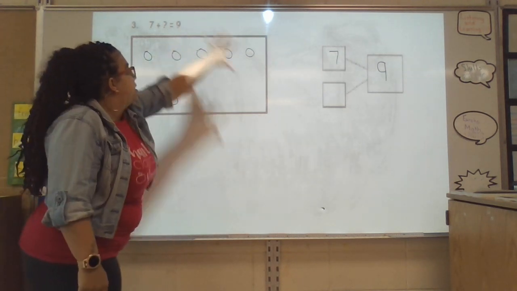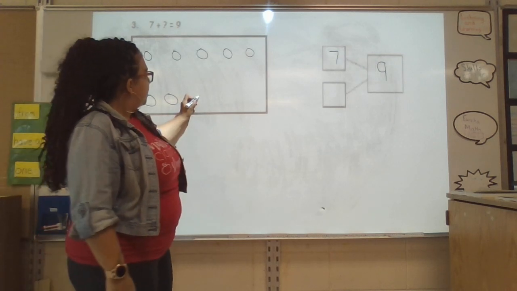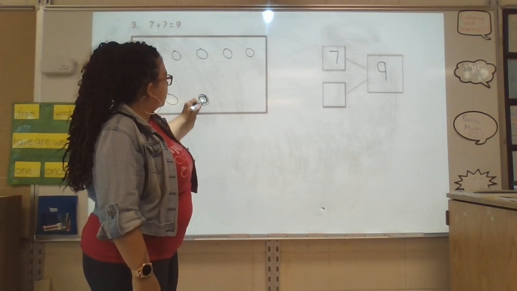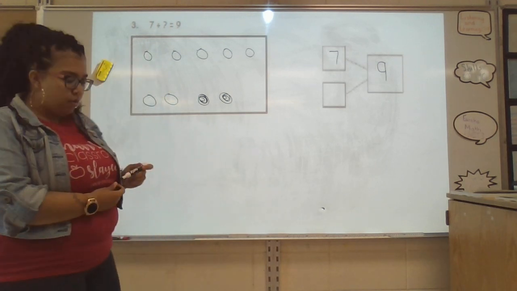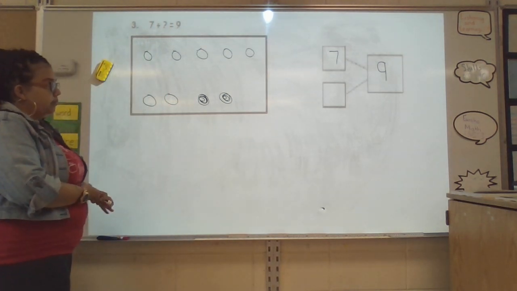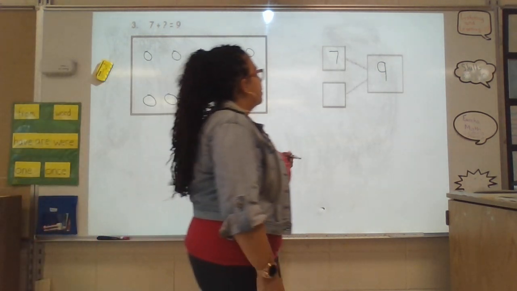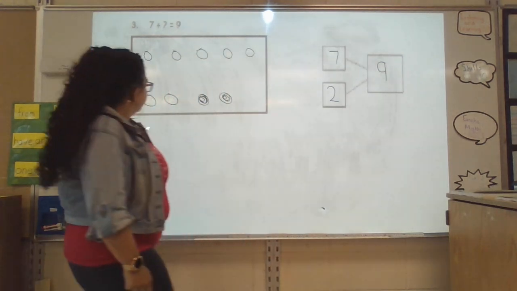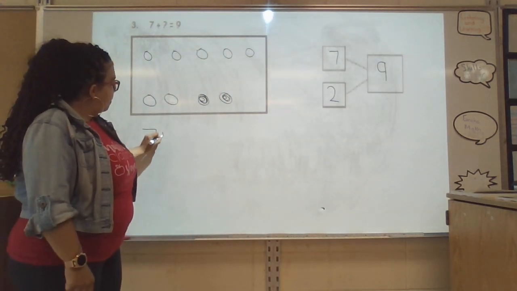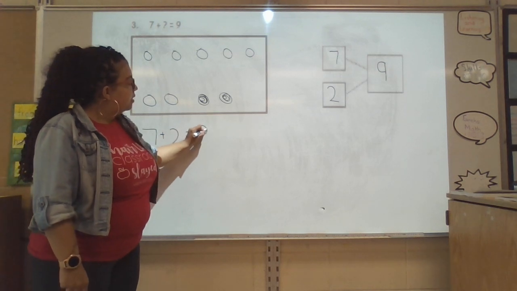So 7, 8, 9. Can you tell me what the missing part was for this problem? 2. Oh, you're doing so good. The missing part is 2. So in our number sentence, 7 plus 2 is equal to 9.